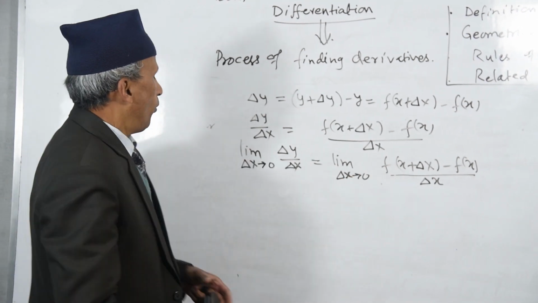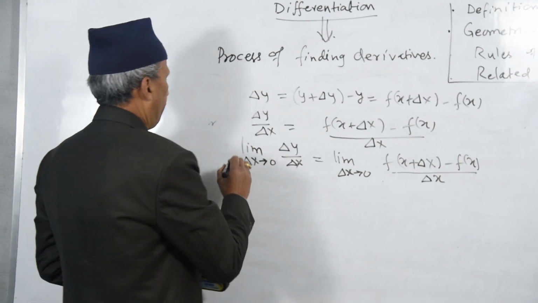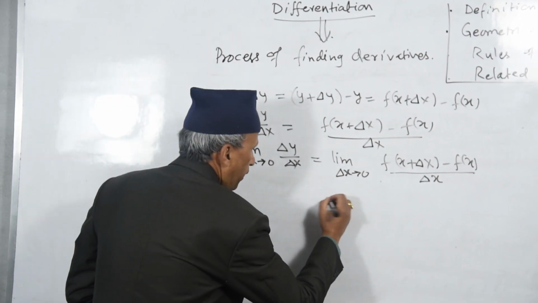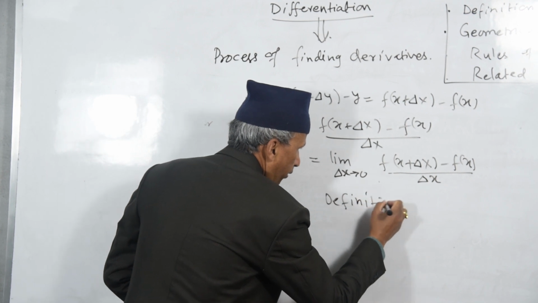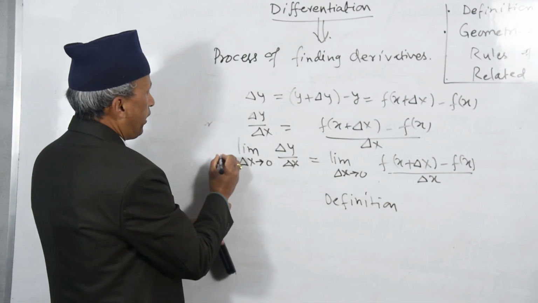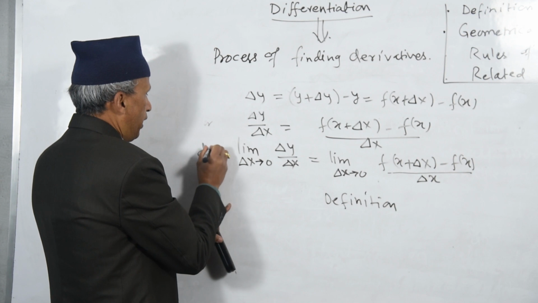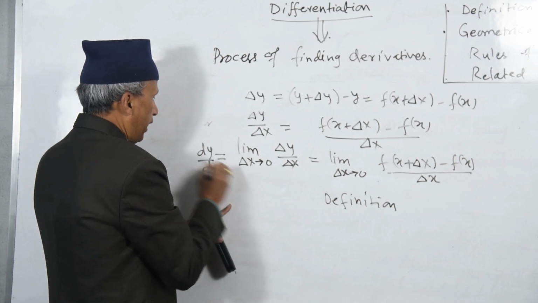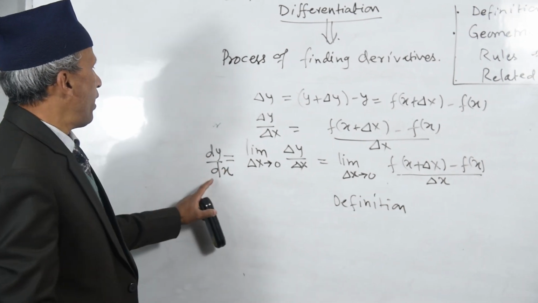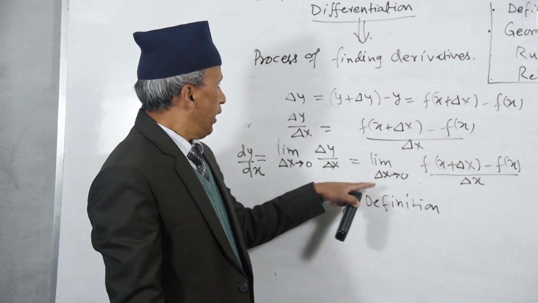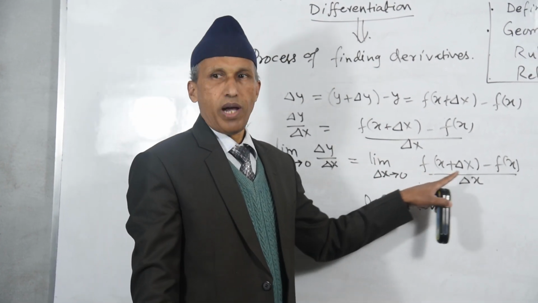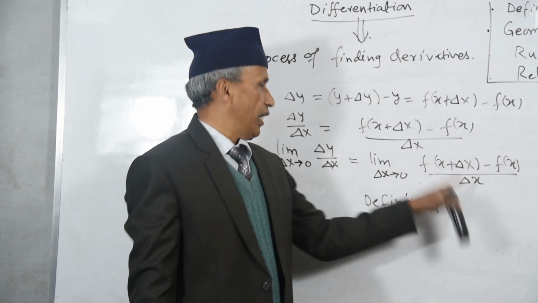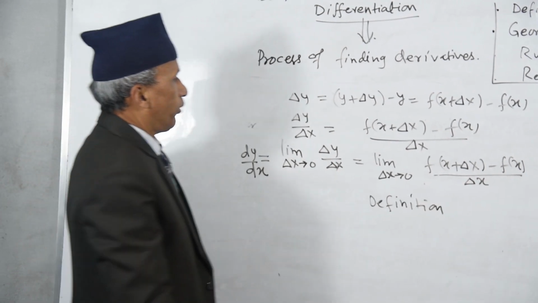So this is the basic definition, or definition of derivative. This ratio is called dy by dx. Thus dy by dx is equal to limit delta x tends to 0, f of x plus delta x minus f of x divided by delta x.